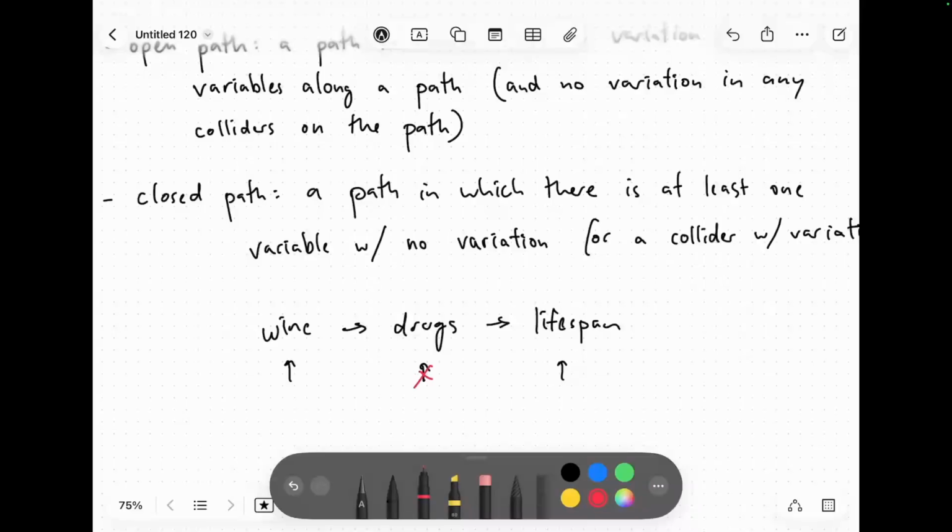But if you have wine going to drugs, and the amount of drugs is, let's say, the same between 2 different people, but you observe variation in the wine and lifespan, then essentially controlling for that without having that variation, you can now attribute the effect to wine because there's no variation in that closed path, right? So you've closed this path because you've eliminated the variation.